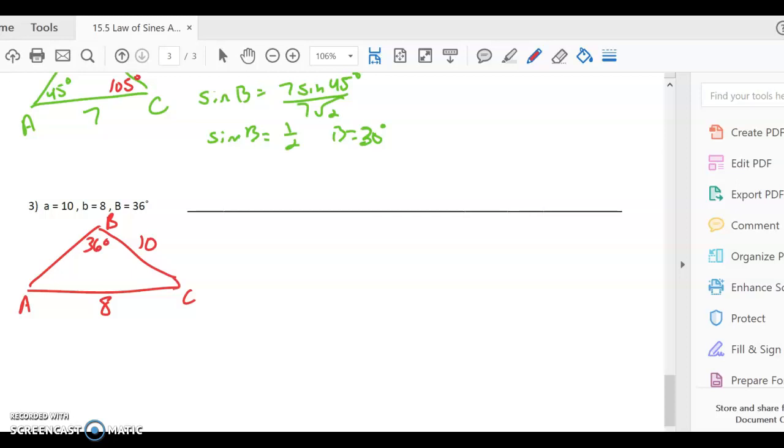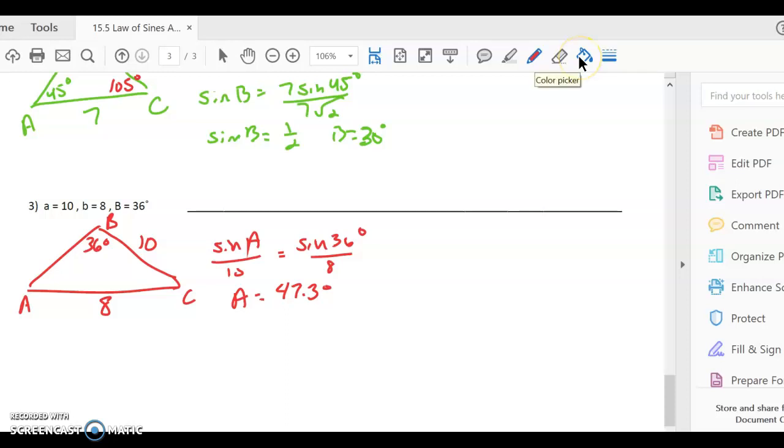So we're going to solve by saying the sine of A over 10 equals the sine of 36 over 8. When we solve this, we get 47.3. Now, based on this picture, ask yourself, could angle A be obtuse? Well, if you look opposite angle A, it's side 10. That's longer than 8. So the answer is yes.